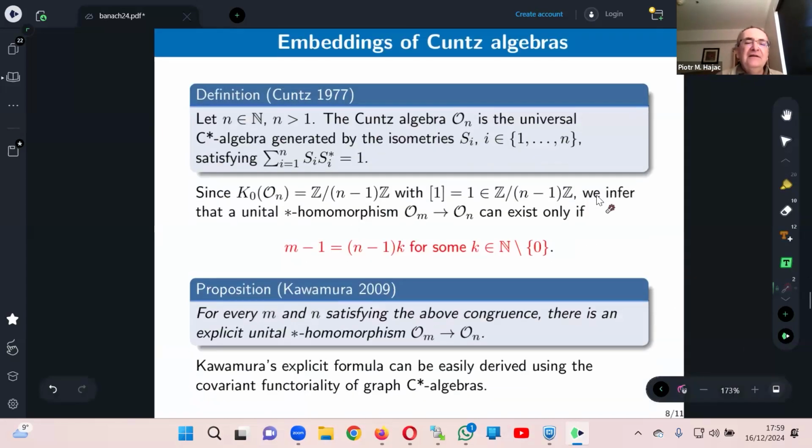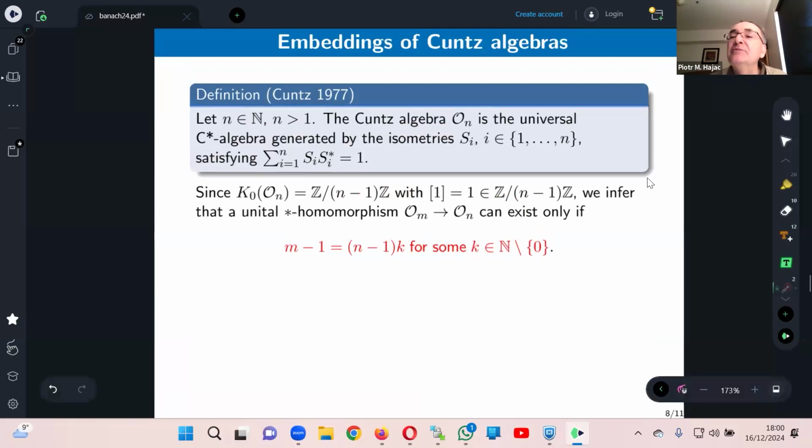So in 2009, Kawamura provided an explicit formula for a star homomorphism satisfying this congruence. But his formula can be immediately derived, and this is one of the very nice applications of the regularity condition for the covariant induction. So let me show it to you because I find it very nice.